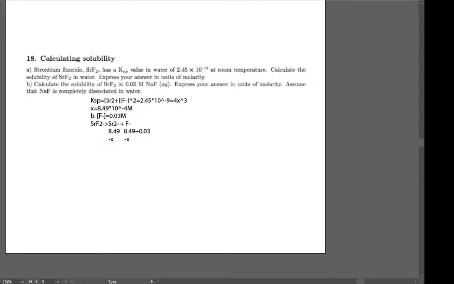There should be A, B, C, and D. So that means 8.49 minus x, and then you also have 8.52, I guess, minus x. That means one term would be cubed.